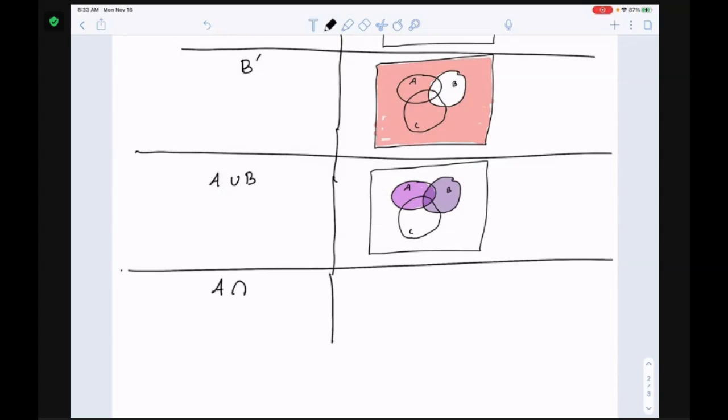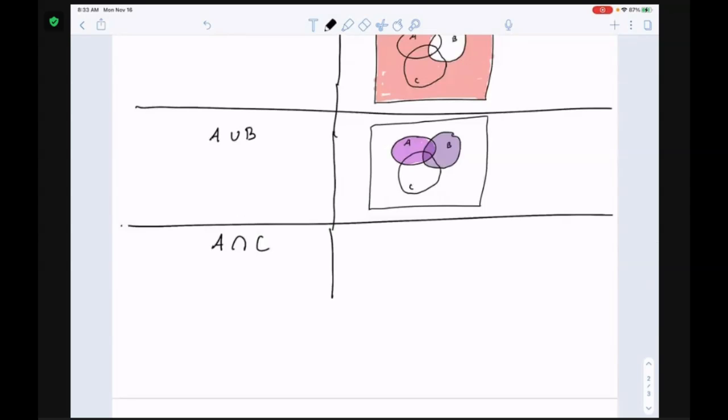A here, what about this? What does this mean? What does this look like? Is it going to be part of A and C, but not all of it?